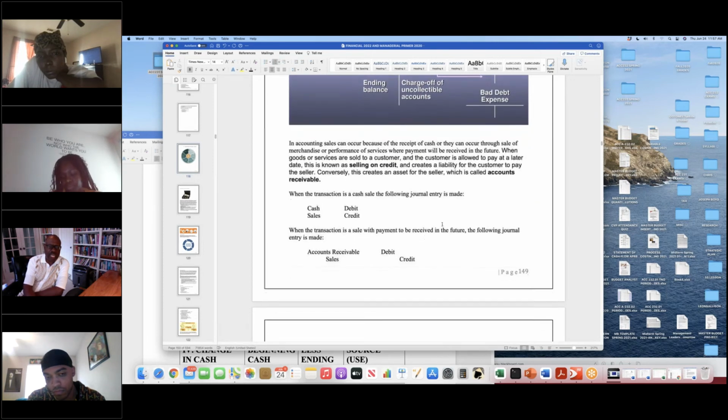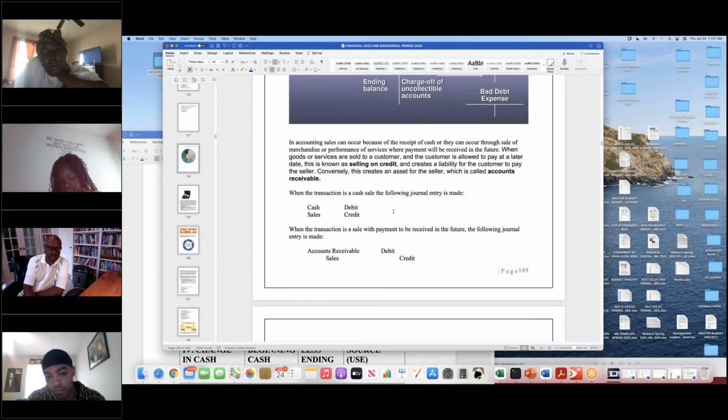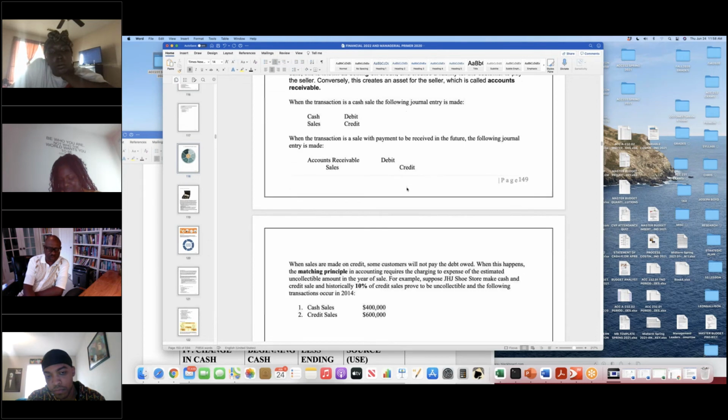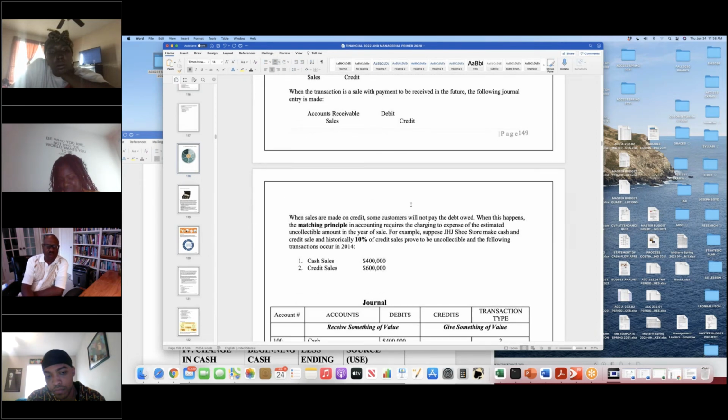When we have a cash transaction, we debit cash, credit sales. Type 2. When there's a sale on account, we debit accounts receivable and credit sales. When sales are made on credit, some people are not going to pay, and the matching principle requires us to charge off the expense in the year that the sale occurs.